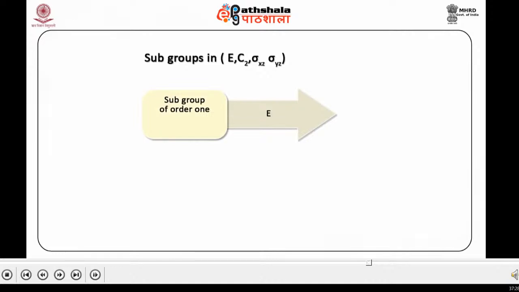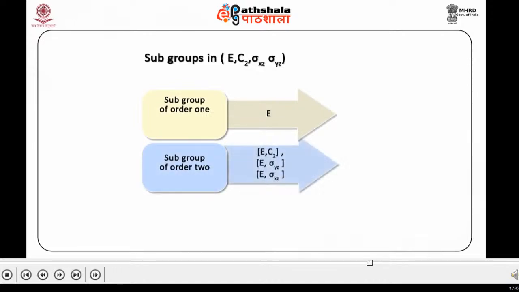The other subgroups of order 2 may be E, C2; E, sigma yz; E, sigma xz; sigma xz, sigma yz; C2, sigma yz; C2, sigma xz, and so on.